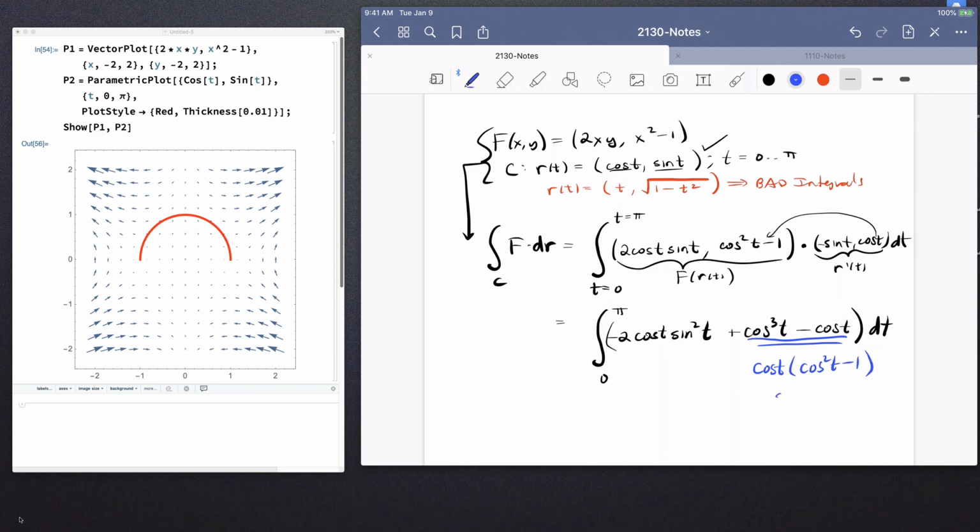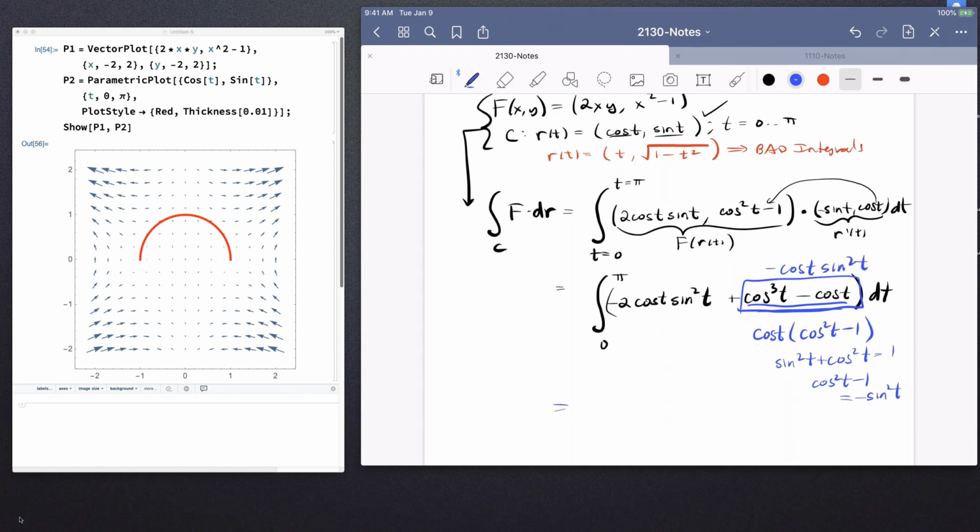And by the trig identity, sine squared of t plus cosine squared of t equals 1, cosine squared of t minus 1 is equal to negative sine squared of t. So what we're finding here is that this quantity is the same thing as cosine of t times negative cosine of t times sine squared of t, right?